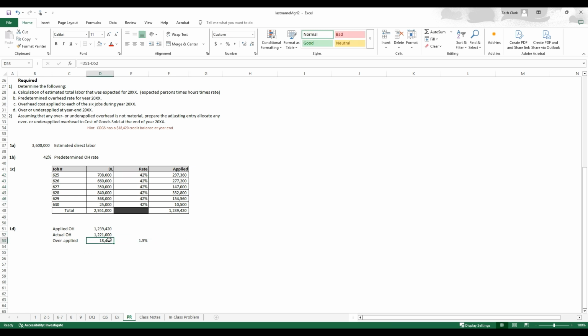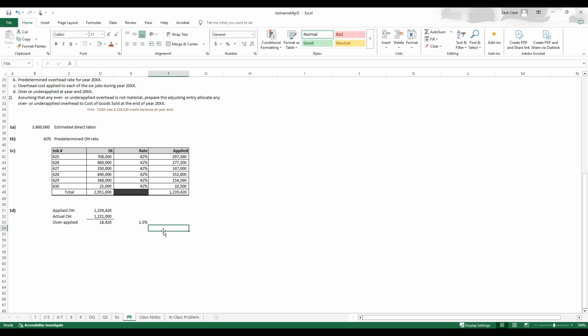We're a little bit over, and so if we're able to pass that cost on to the customer, we are just going to earn a little bit of extra profit, as long as we're staying competitive, right? Those are concerns to keep in mind. If we're in a super competitive environment, maybe this is holding us back because we can't increase our costs or something. But 1.5% is so close that I would say that's a really good, accurate budgeting effort, and a good job by us managerial accountants here.